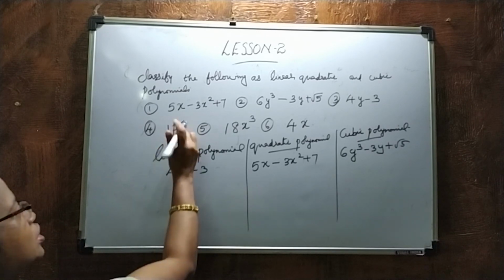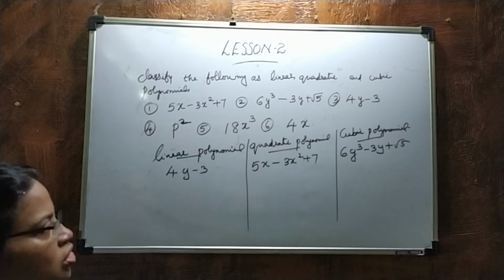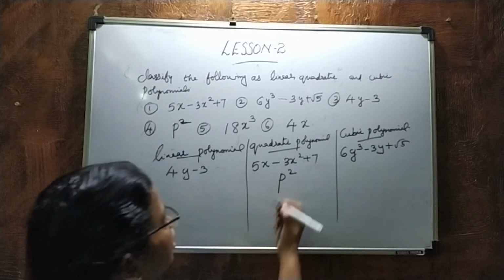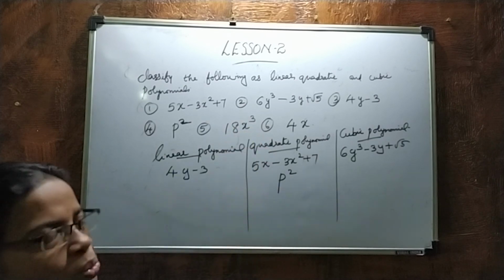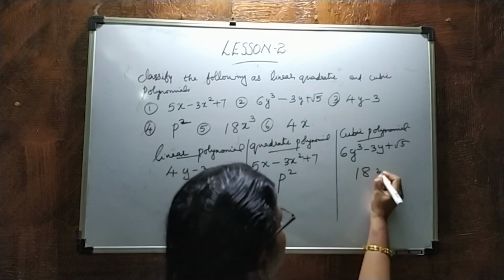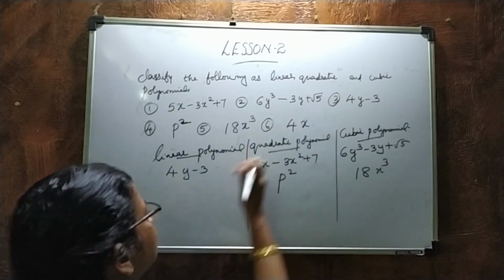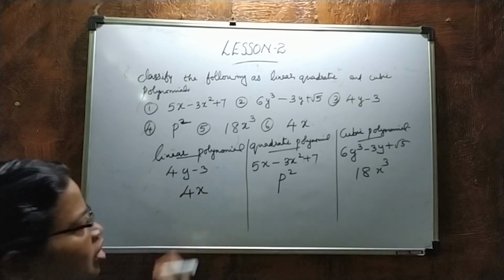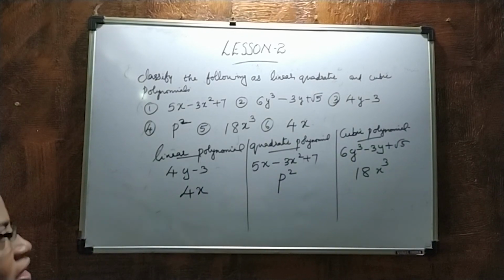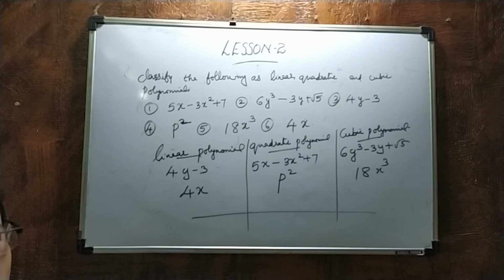So 1p square means it is quadratic. Next one, 18x cube, degree is 3, so it is cubic polynomial. Then next one, 4x, here x raised to 1 is there, that means it is linear polynomial. These are things you have to remember: linear polynomial, quadratic polynomial, cubic polynomial.